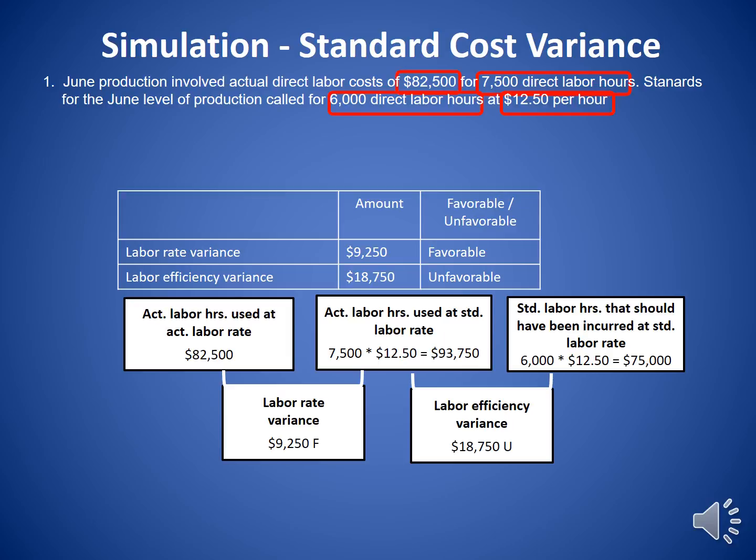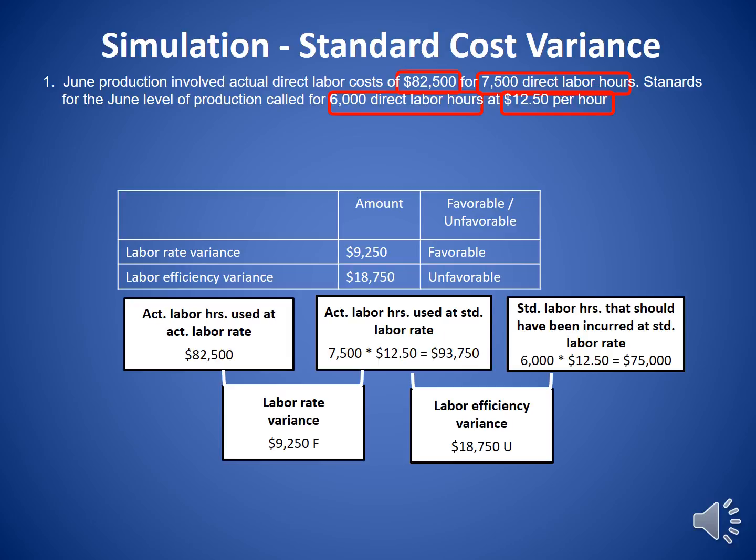Okay, then we go on and we compare the standard labor hours that should have been incurred at the standard labor rate based upon the amount of volume we achieved. In this case, what we're told is the standards for the June level of production called for 6,000 direct labor hours. So it was 6,000 direct labor hours times our expected cost per labor hour of $12.50, and that comes out to $75,000.